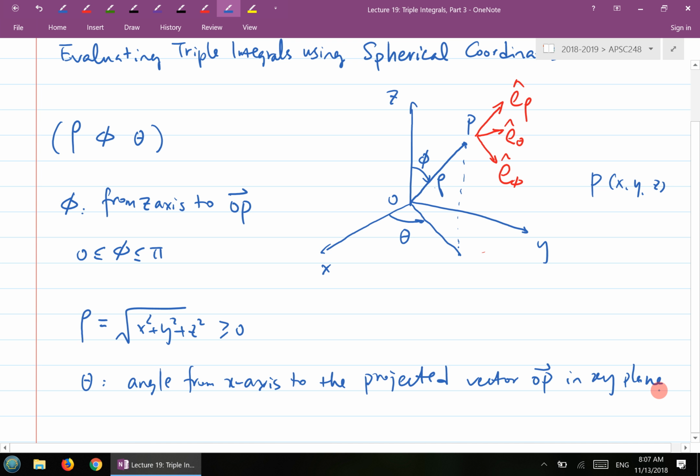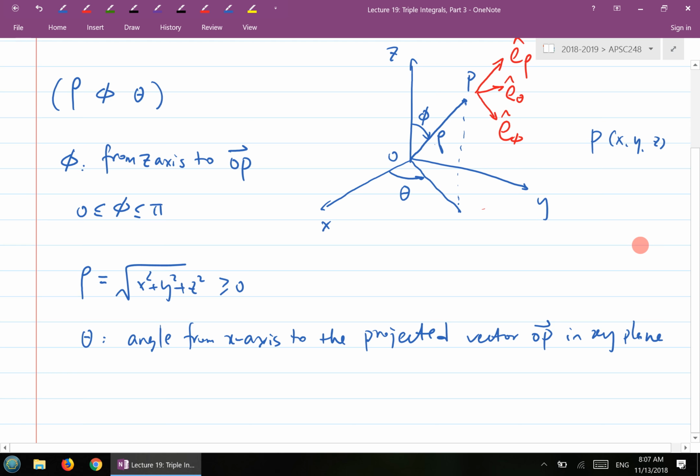So these are the definitions of the three spherical coordinates. Next we'll look at the limits, and you need to be clear how rho, phi, and theta are defined.